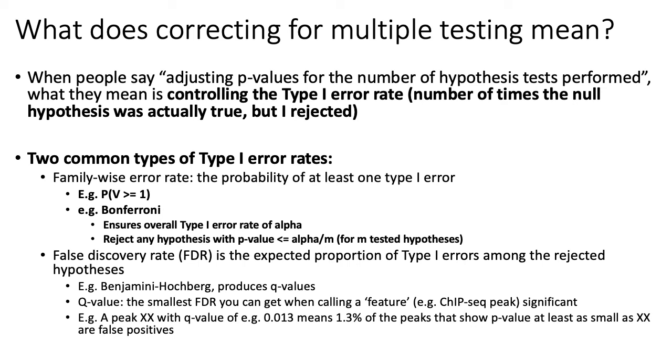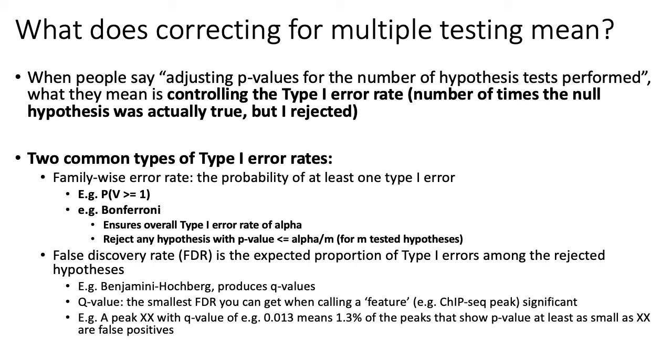So it's also pretty common to use what's called the false discovery rate. And so what that does is, instead of minimizing the chances that you call any false positive, you're essentially controlling the expected rate of false positives. And so those produce what are called Q values. Q values are computed from P values, and you could think of them as corrected P values.